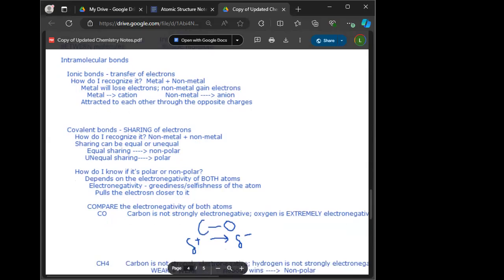Now, the way that you can recognize a covalent bond is that it's always going to be between two nonmetals. Always. It will always be between two nonmetals.